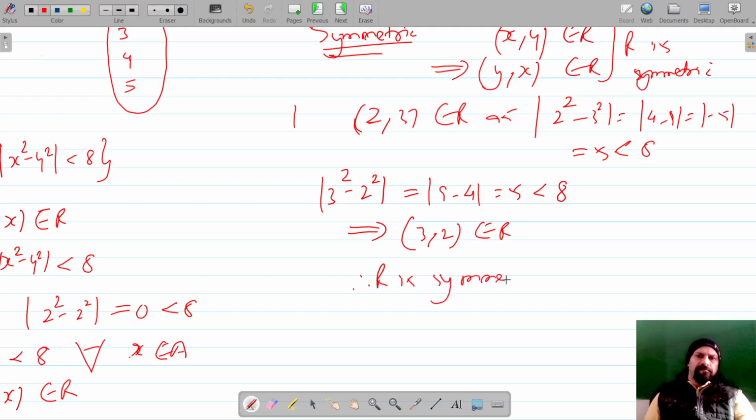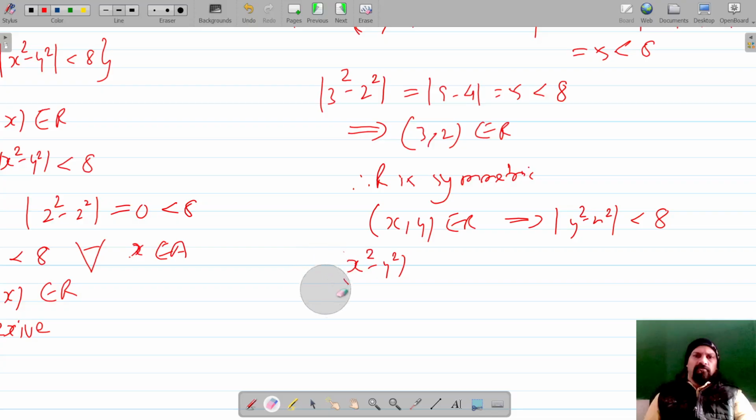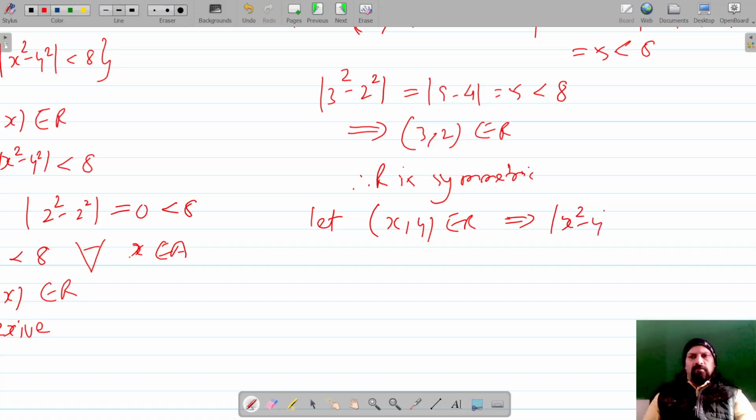Generally, I can write that if (x, y) is in relation, this implies that modulus of x² − y² is less than 8, and so modulus of y² − x² is also less than 8, for all x, y that belong to A. So in general, if (x, y) belongs to R, then modulus of x² − y² is less than 8.